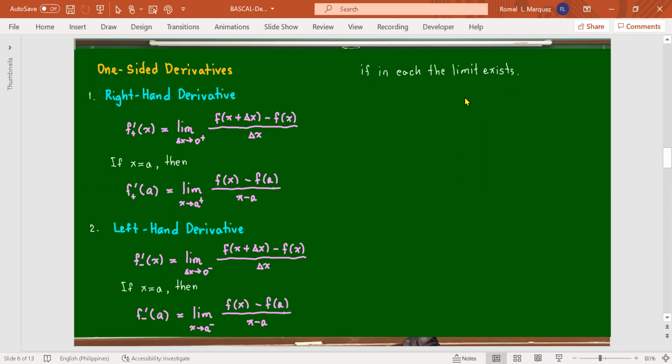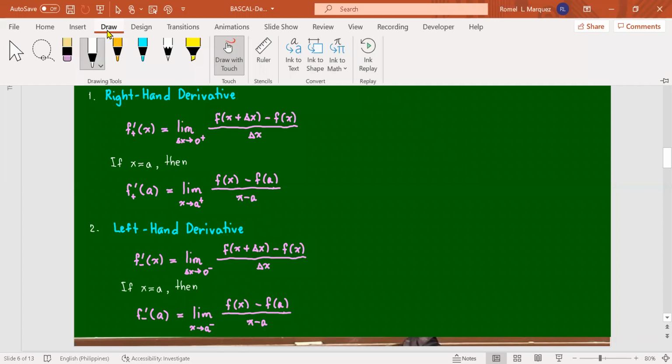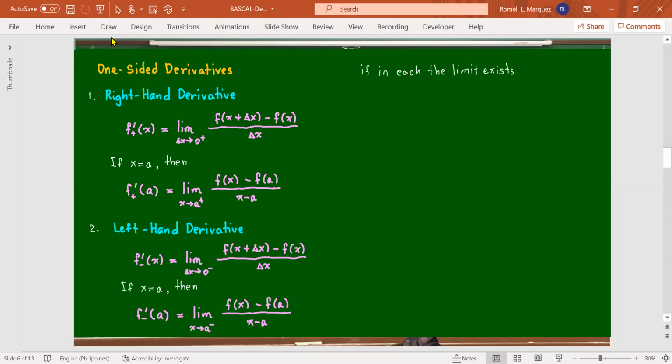Now, how to get the derivative of a function? So let's say you're asked to find the derivative of the given function.